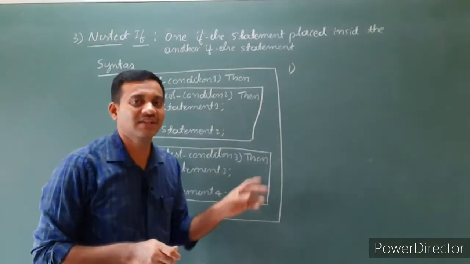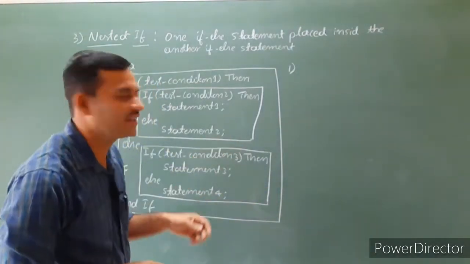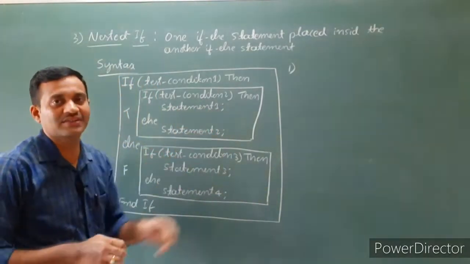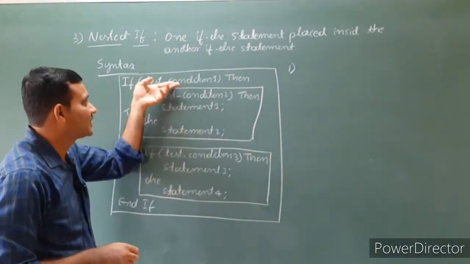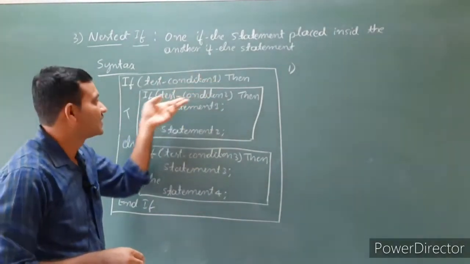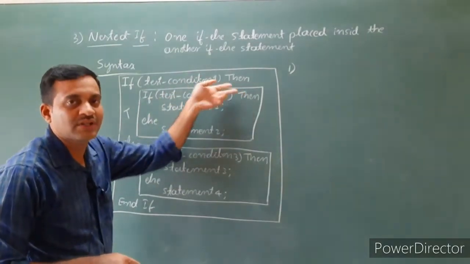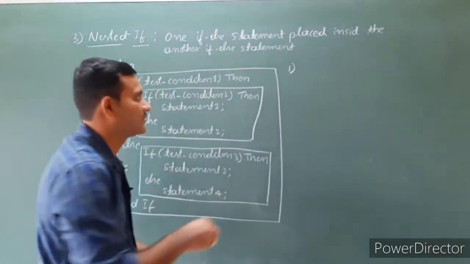Let's discuss the cases. The first case is when statement 1 is executed. See the position of statement 1. Say if test condition 1 is true, and test condition 2 is also true, then statement 1 is selected.